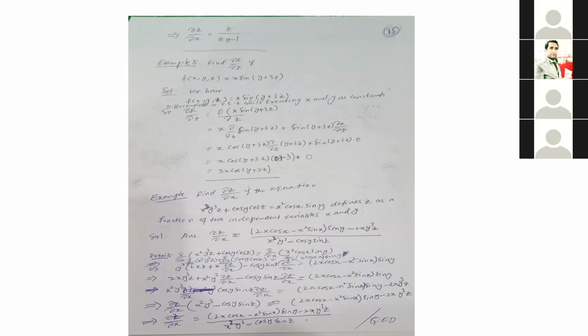Another example was left as an exercise for you, but I have given the detail. Look at the example: find the derivative of the function z with respect to x if the equation is an implicit equation in variables x, y, and z. Detail is there. This was an exercise for you, so look at the details if you cannot differentiate it.